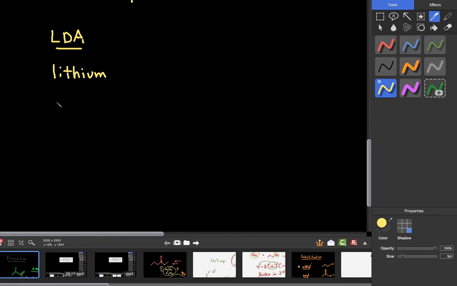They're also known as non-nucleophilic bases. Lithium diisopropyl amide: its structure has a nitrogen atom only making 2 bonds, so it's negatively charged.